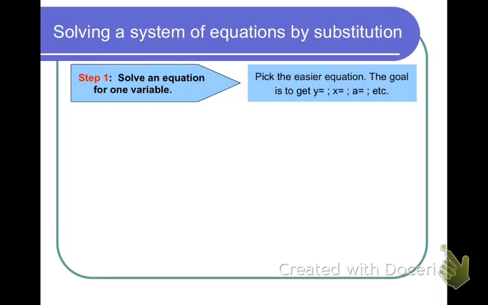So step 1, you need to make sure that one equation is solved for one variable. Sometimes it is easier to solve for y, sometimes it's easier to solve for x. I always try to pick the one where the coefficient of the variable is 1 so that I don't have to do any division.